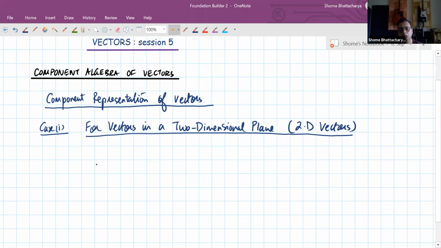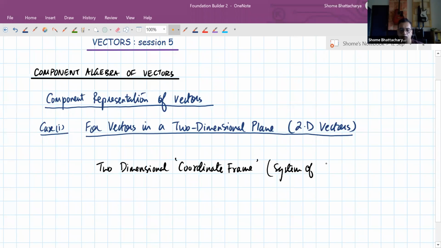So, a two-dimensional coordinate frame, or in other words, a Cartesian frame, a system with rectangular axes.